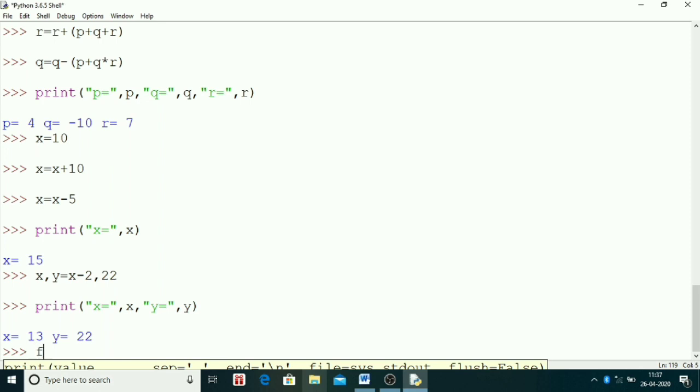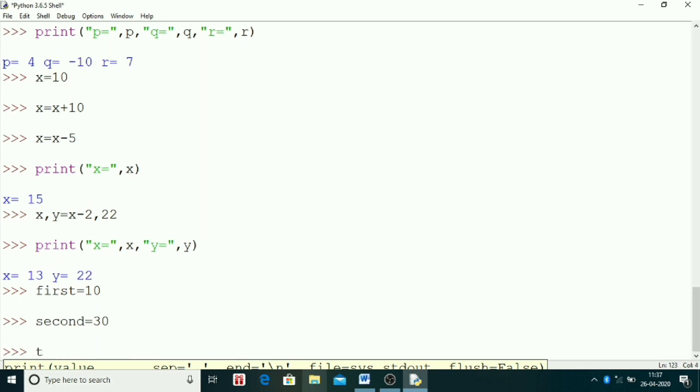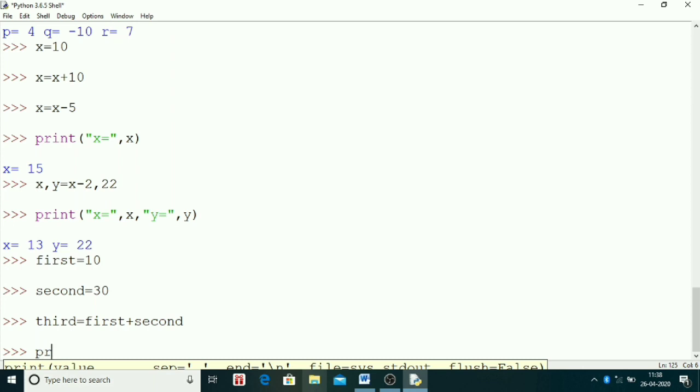Now one more question. First is equal to 10. Second is equal to 30. Third is equal to first plus second. Print first, comma, second, comma, third. And this I have just written directly, so direct values will come. It will not show like this, first is equal to this, second is equal to this.